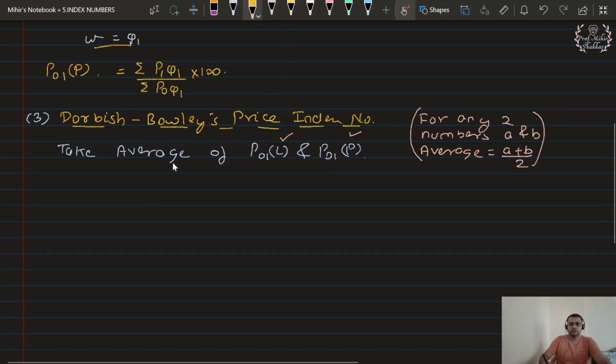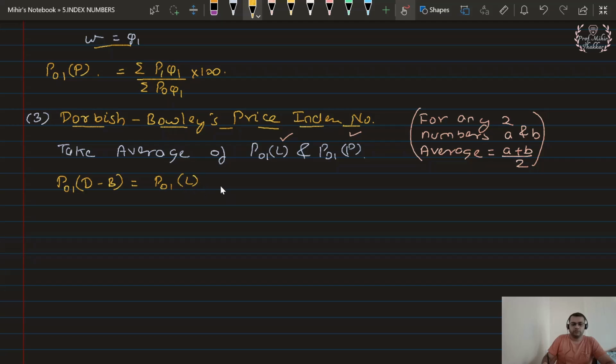So when you want to find Dorbish-Bowley's index number P01DB, it is equal to P01L plus P01P and whole upon 2. So whether you can say it as average, or you can also call it as mean of the Laspeyres' and the Paasche's index number.